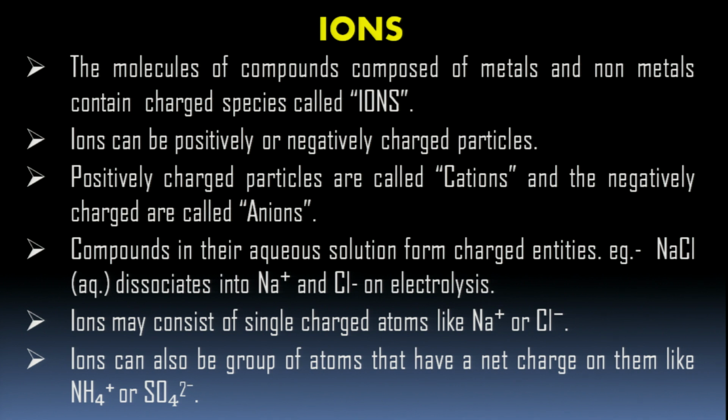Ions may consist of single charged atoms like Na+ and Cl-. Ions can also be groups of atoms that have a net charge on them, like NH4+ or SO4 2-. Till now, you have known that some like Ca2+ or Cl-, or Na+, Cl-, are cations and anions. These are elements. But there may be groups of atoms also. Here you have a sodium atom or chlorine atom, is it not?